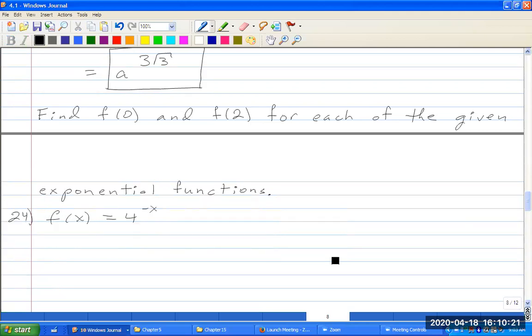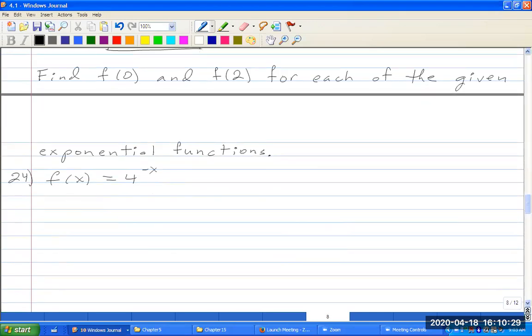F of x is equal to 4 to the negative x. Let's determine f at 0 is just 4 to the negative 0. Well, negative 0 is just 0. A non-zero base to the exponent 0 is just 1. So f of 0 is 1.